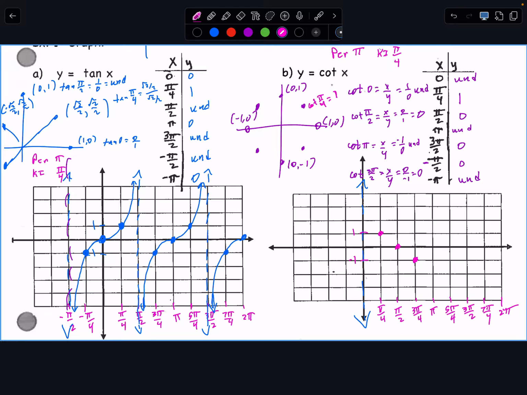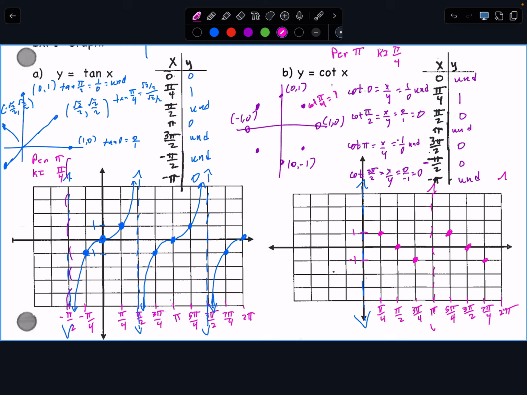And at pi, it is undefined again. You get 0 in the denominator, so we have another vertical asymptote at pi. And then that pattern repeats because 5 pi fourths is quadrant 3 and cotangent's positive there. 3 pi halves, cotangent 0. 7 pi fourths, cotangent's negative 1.